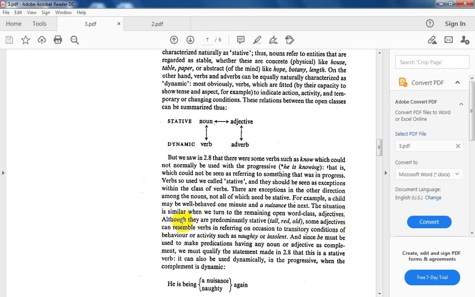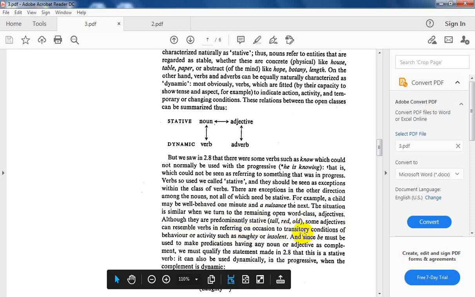Adjectives. Although they are predominantly stative, with tall, red, old, some adjectives can resemble verbs in referring, on occasion, to transitory conditions of behavior or activity, such as naughty or insolent.